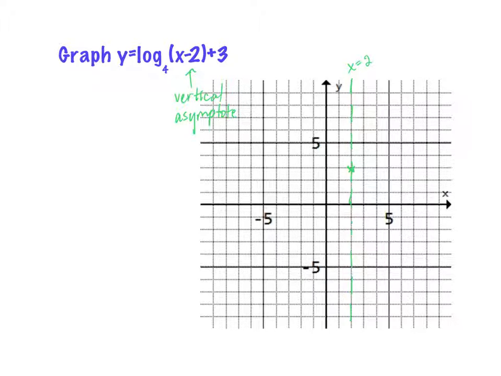From 2, 3, I'm going to go right 1 and make a point. I'm going to go back to my locator point, and I'm going to go up 1, and then go over the amount of the base. Those are my 3 important parts, the asymptote and those 2 points on the graph. And then I need to actually make the shape of that graph. So let's solidify those instructions.